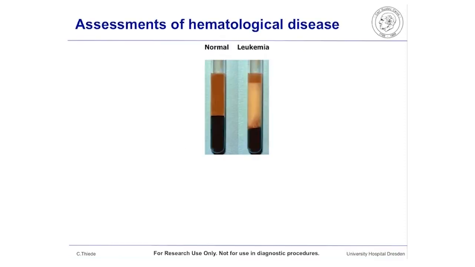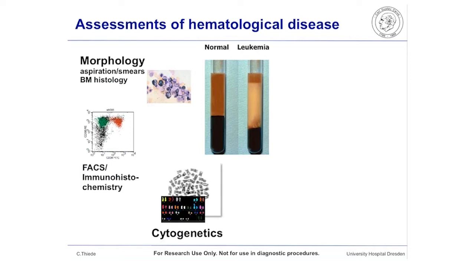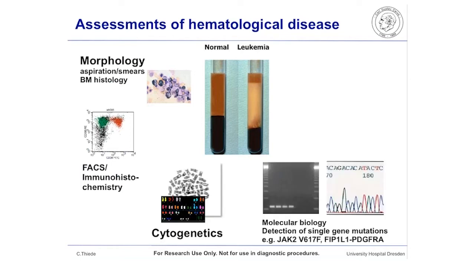As you might know, assessment of hematologic malignancies is a very complex process involving several subdisciplines. Of course, morphology is still the primary entry point to diagnose a hematologic malignancy, but more comprehensive assessment of these diseases involves flow cytometry as well as cytogenetics, and more and more molecular technologies have been used in the past years to detect individual alterations.